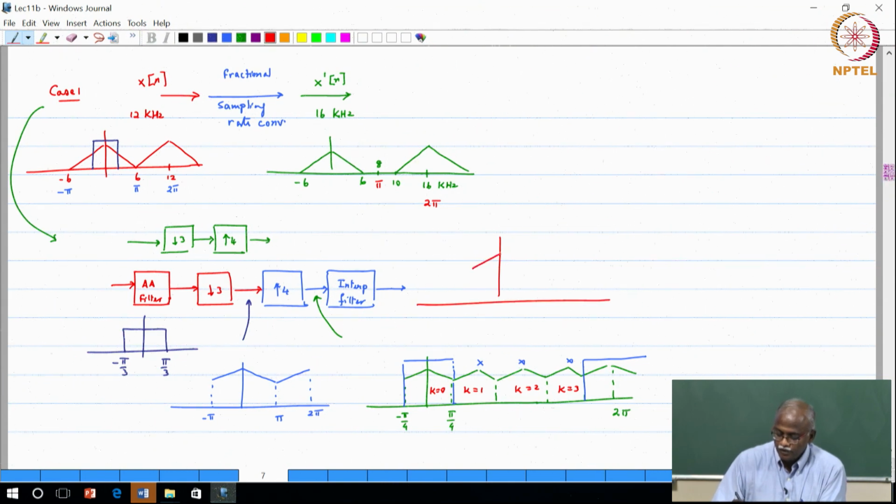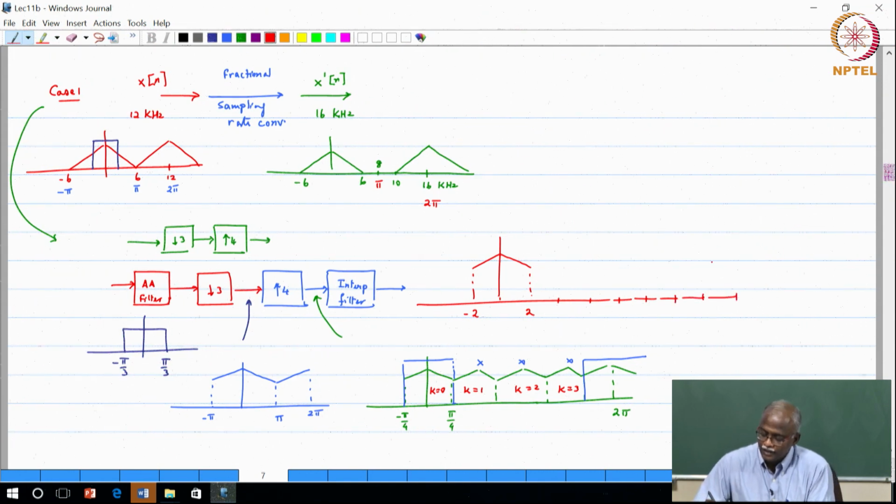It has got from this to this, corresponding frequency is minus 2 to 2, 4, 6, 8, 10, 12, 14, 16, and at this point it has got the copy. This is at 16, this is at 14, this is at 18.